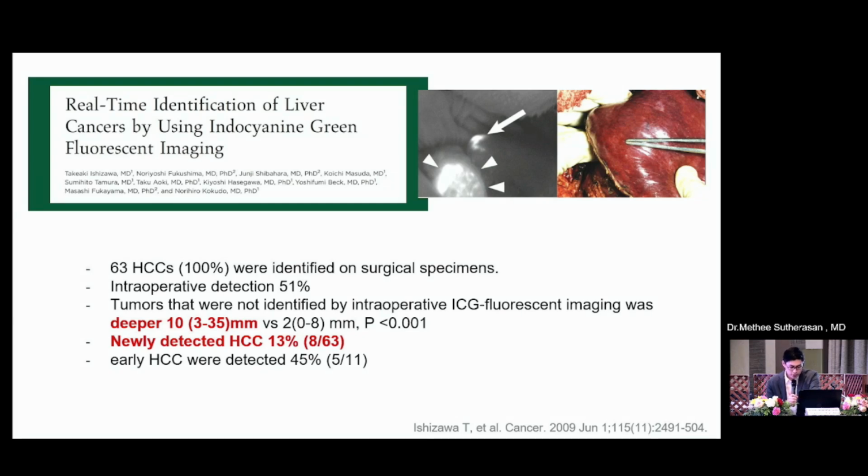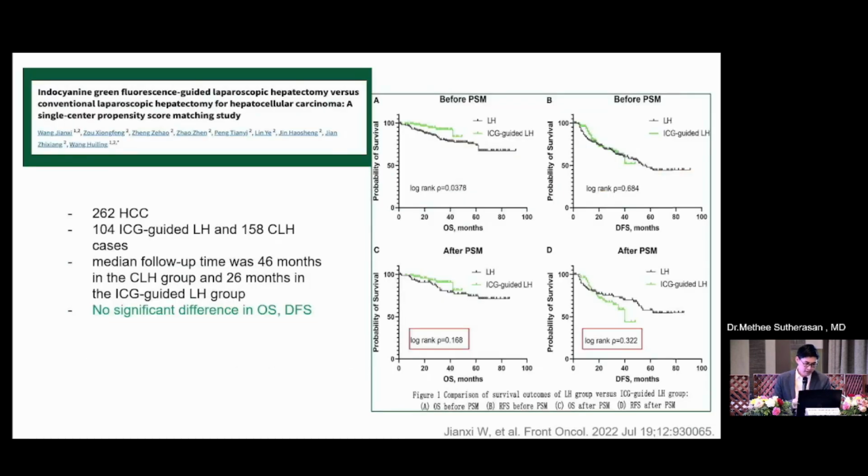So if we use the ICG for tumor identification during the surgery, from the reports or studies about it, we can detect new HCC in maybe around 10%. In this study, they newly detected HCC during the operation in 13%.